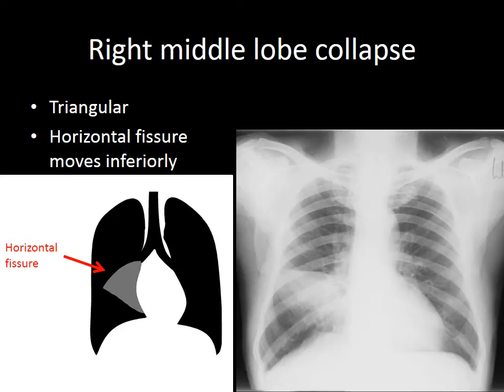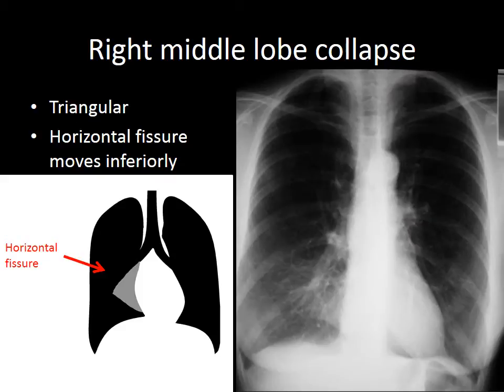The collapse has a triangular appearance. As the collapse continues, the right hilar position does not alter because the right middle lobe does not have significant volume. This chest X-ray and the illustration both demonstrate total collapse of the right middle lobe.